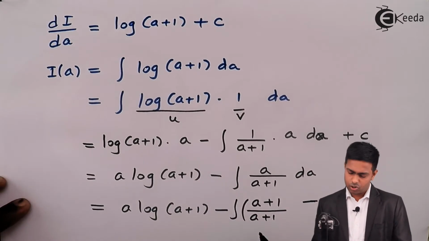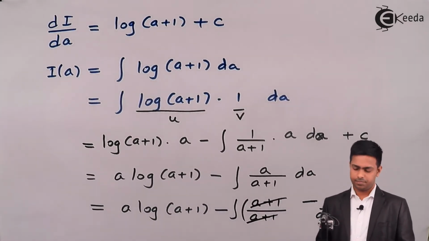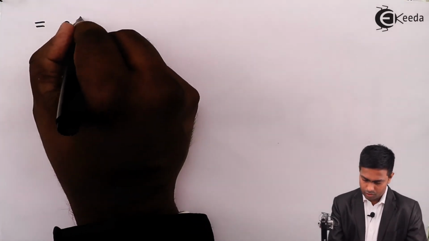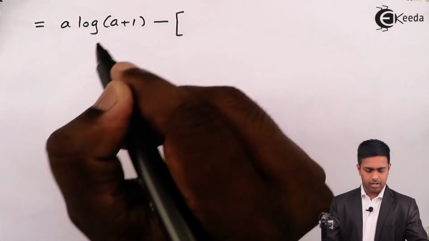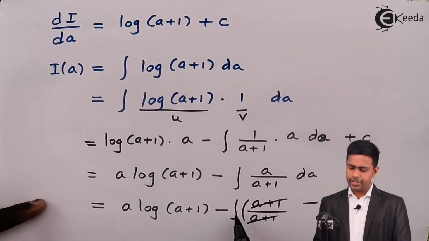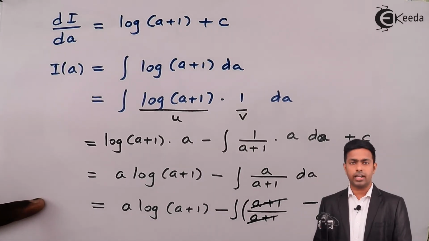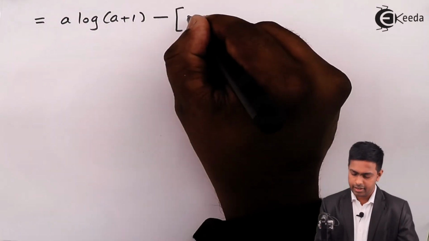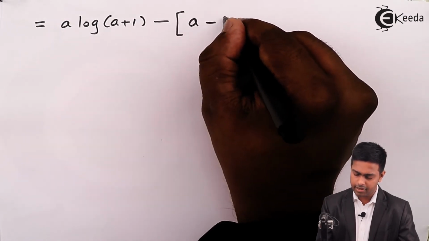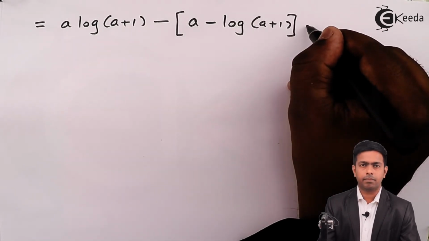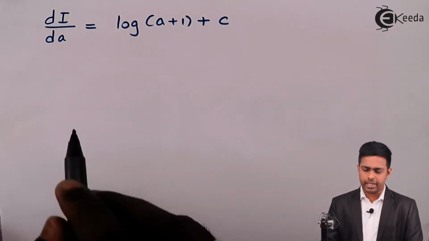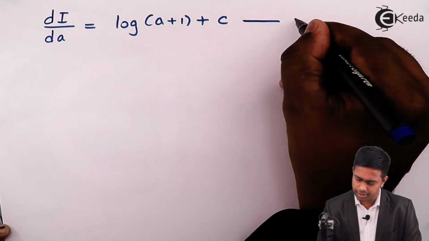Now let's solve this. So a plus 1 and a plus 1 is cancelled. So here we will get a log of a plus 1 minus, in the bracket, integration of 1 is a, minus, this will give us log a plus 1. So here I'll say a minus log of a plus 1 plus c. So we will make this equation as equation number 3.